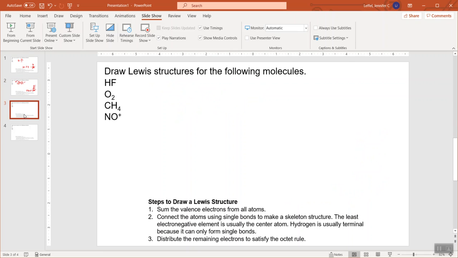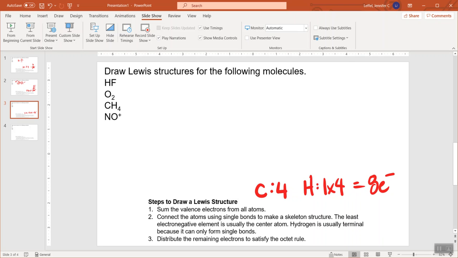So the next one we're going to look at is CH4. Carbon has 4 valence electrons, and there's 1 of those, and hydrogen has 1 valence electron each, and there's 4 of those. So I have a total of 8 electrons.